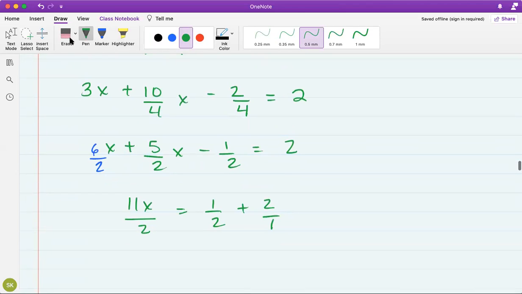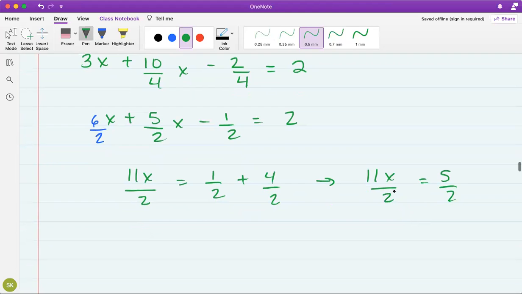So 2 over 1 is the same thing as 4 over 2. So 4 over 2 plus 1/2 is 5 over 2. So we get 11x over 2 is 5 over 2. We need to solve for x, so we're going to multiply both sides by 2. We get 11x is 5, and then x is equal to 5 over 11.